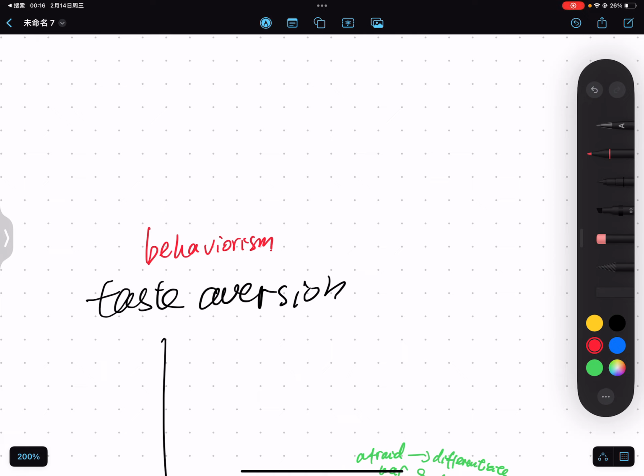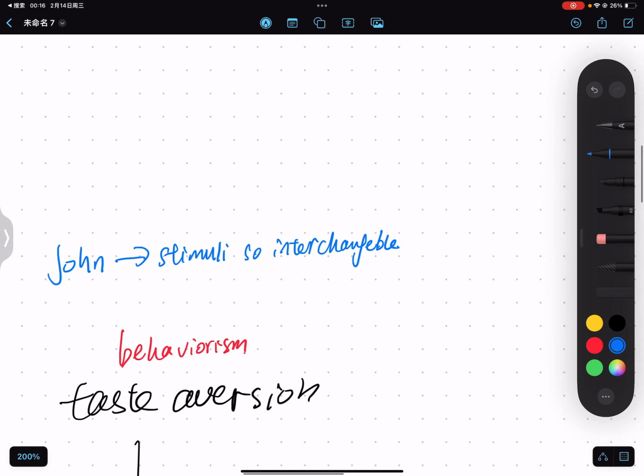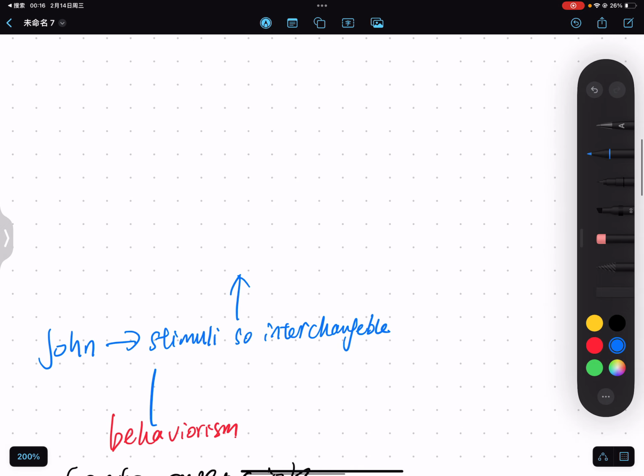One person, John Garcia, did not believe that stimuli were so interchangeable. So he ran an experiment with rats and noisy water. He found that the rats readily form an association between taste and illness.